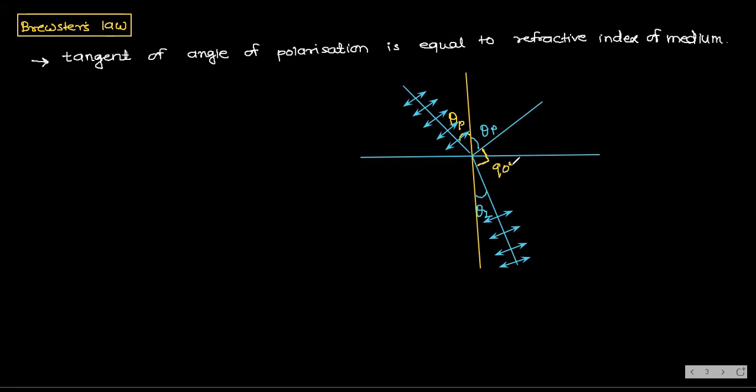This is 90°. So this is medium 1, that is refractive index mu1, and this is medium 2, whose refractive index is mu2.